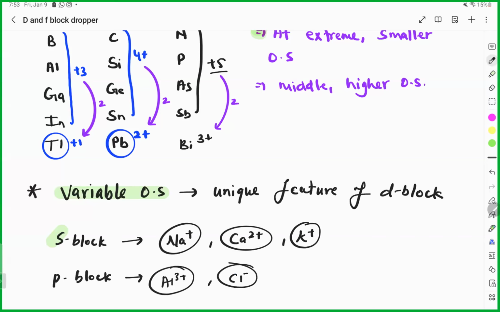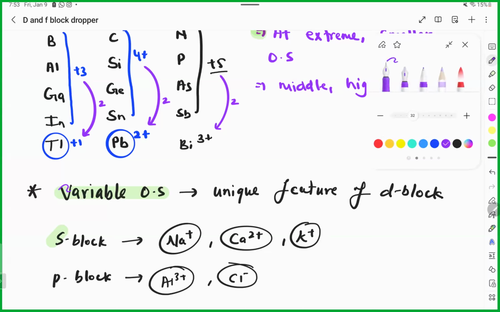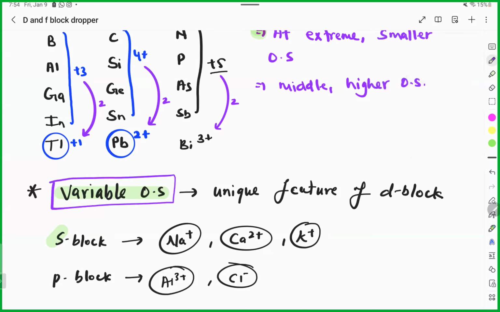So variation is less. I'm not saying it is zero. There will be variation in these elements also, but it is less. There is huge variability in d block elements. Got it? This is one of the unique features of d block elements, variable oxidation state.